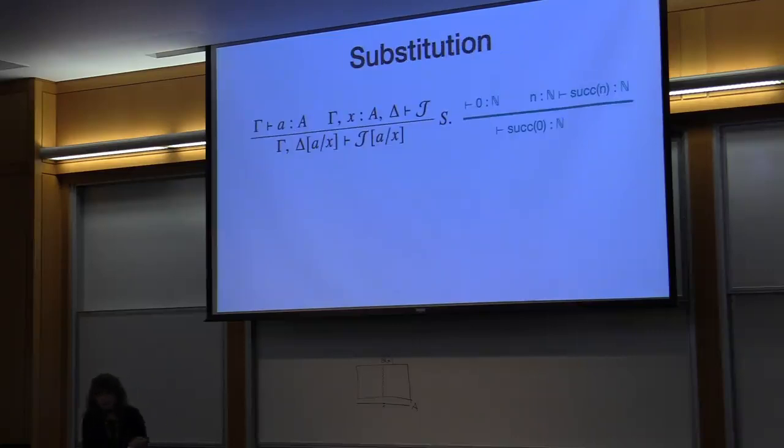The reason for that is because the context is dependent, right? So if I'm substituting little a for x here at this point in the context, right? Then all of these stuff in delta could depend on x. So now I have to substitute. But in gamma, it doesn't depend on x. So that's why gamma is left here alone.